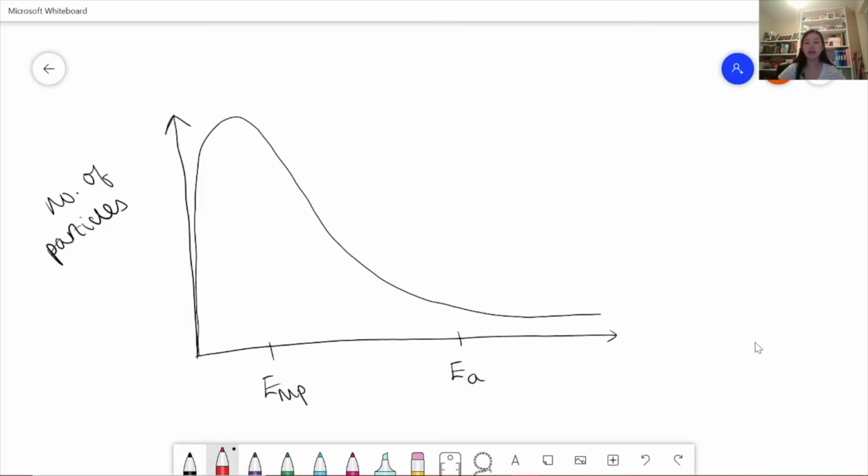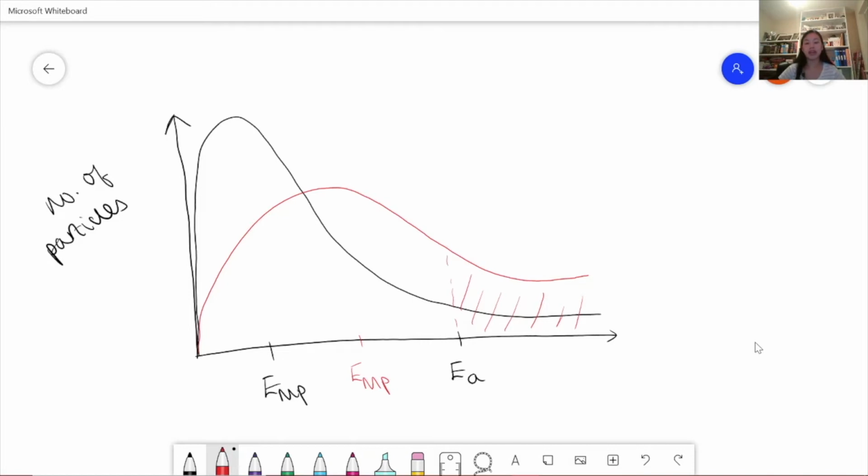So then we would have a graph that looked like this. So more of these particles here, this area under the graph, would have that energy required, the activation energy required, because that doesn't change. The most probable energy would then be over here.